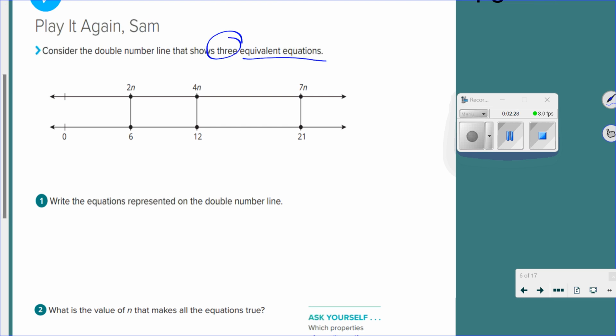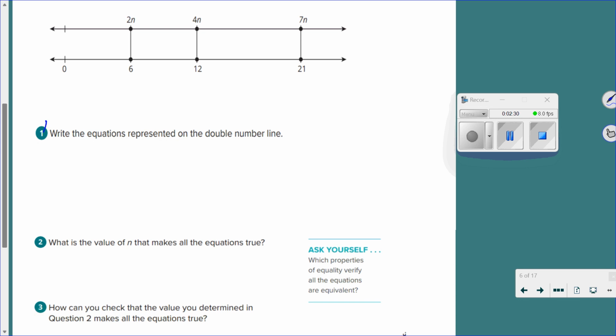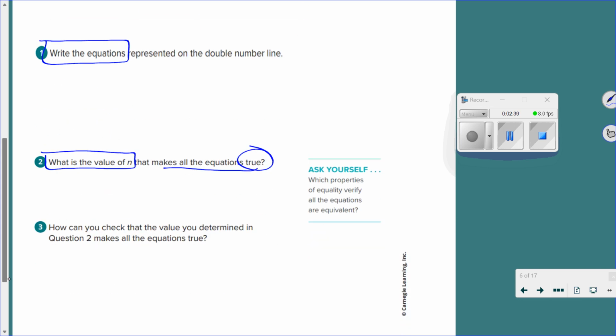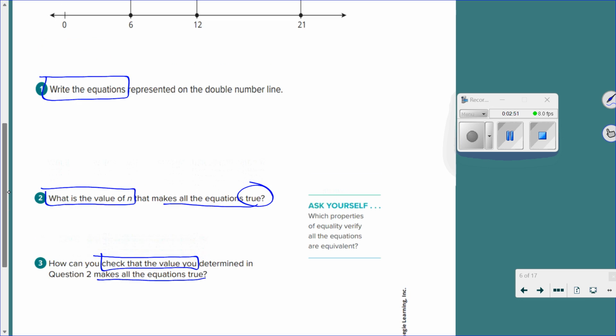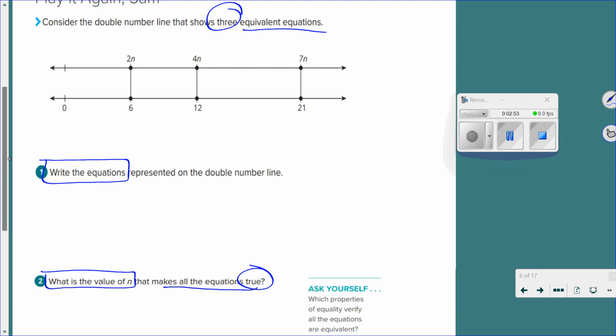They want you to write the 3 equations that are represented on the double number line, find the value of n that makes the equations true, and check your answer. Any questions? 3 equations, find the value of n, check your answer. I'm going to give you about 5 minutes. Go for it.